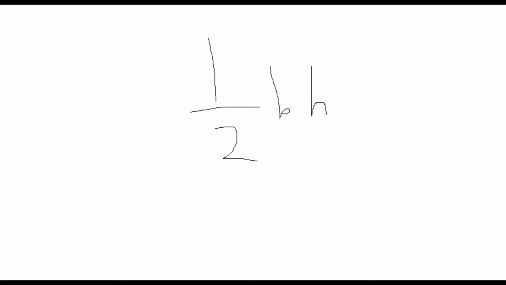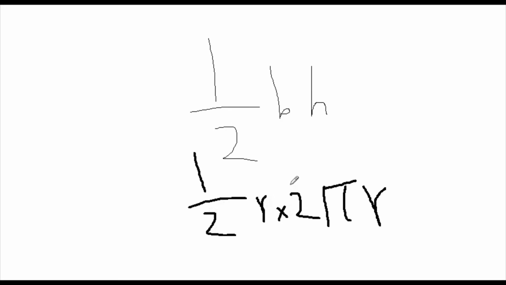In our case, sorry, the value of h is 2 pi r, the value of b is just r, and we need to multiply this quantity by 1/2, and 2 and 1/2 will cancel out each other, and the r's will combine to become r squared, and now we are left with our good old formula for the area of a circle, pi r squared.